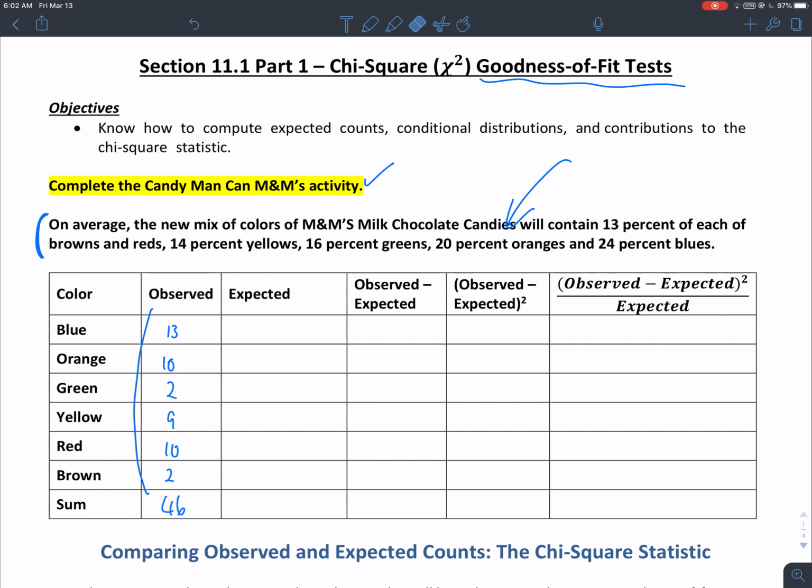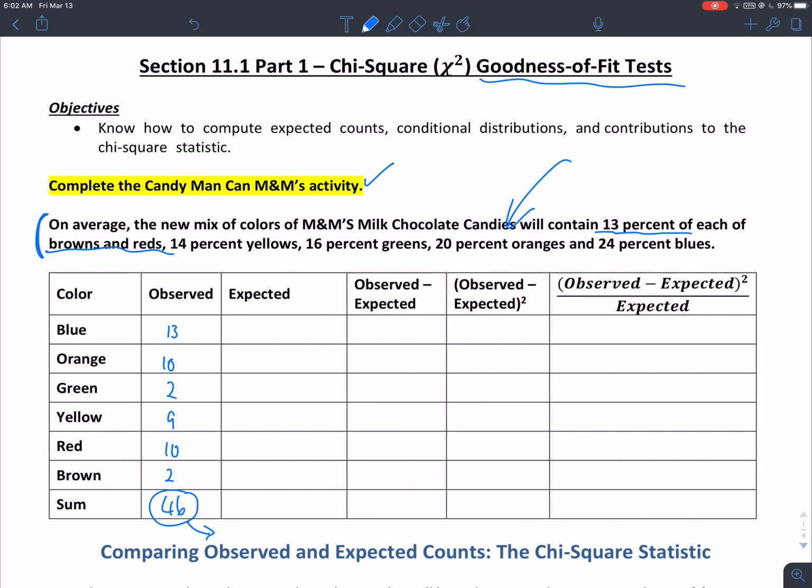Now we want to say what should have happened if what the Mars company claimed is correct. They said there should be 13% brown and red. So if I take a sample, 13% of that sample should be brown and 13% should be red.